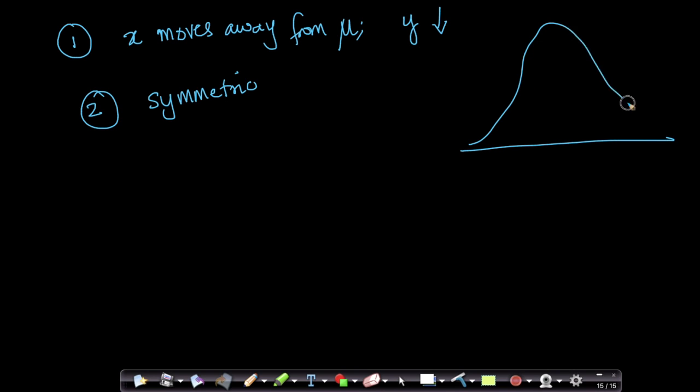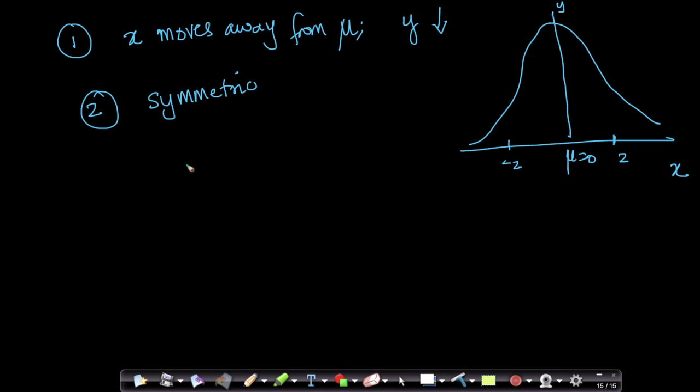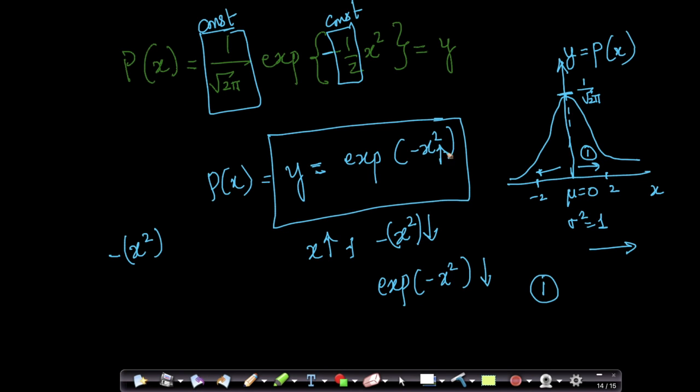So this is your y, this is your x, this is your mu equals 0. It is symmetric because whether you take x equals 2 or x equals minus 2, you're going to get the same value in this function here. So the function we have here is probability of x, which is y, which is nothing but exp of minus x square.